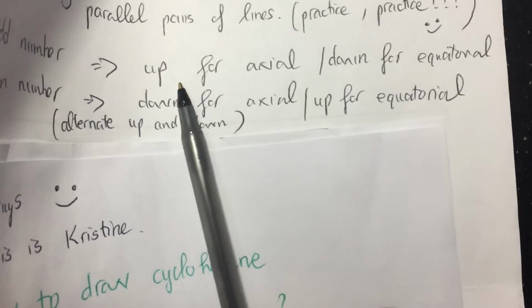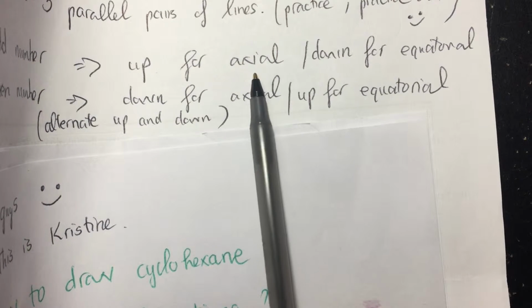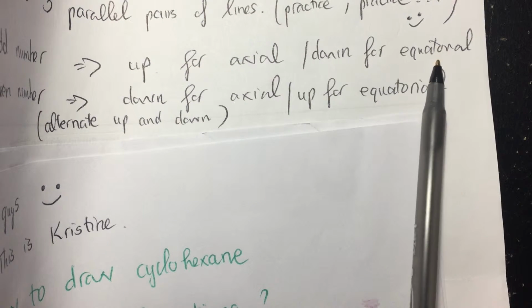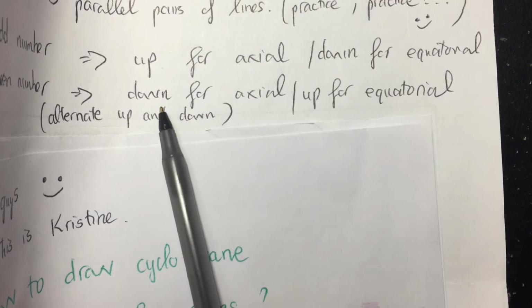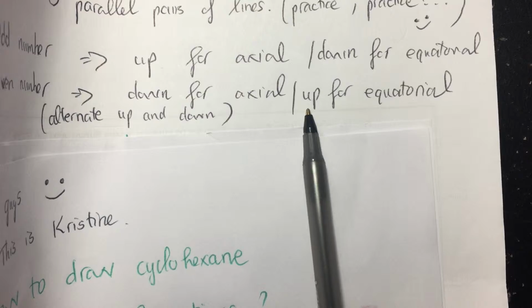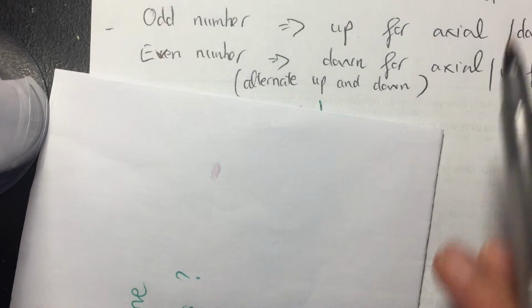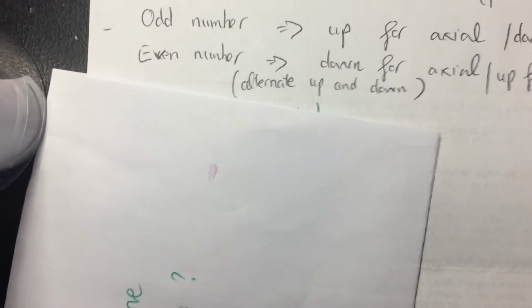And if we already have up for the axial line, then the equatorial line should be down. If we have down for the axial line, then the equatorial should be up for that number. So specifically, I will draw a chair configuration so you have a better idea how to draw it exactly.